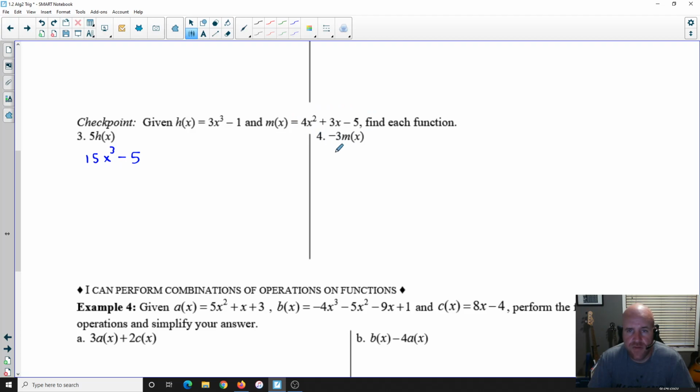Again, we're going to multiply all the terms by negative 3. So negative 3 times 4 is negative 12x squared. Negative 3 times 3x is negative 9x, and negative 3 times negative 5 is 15.